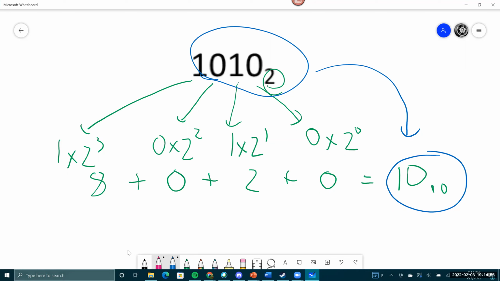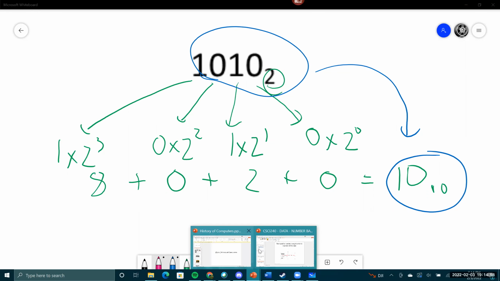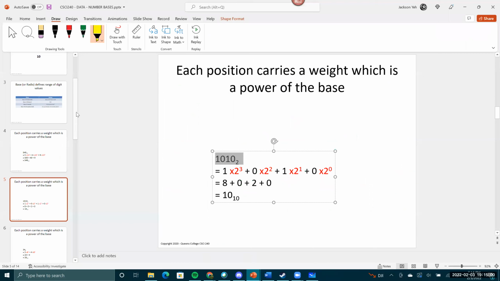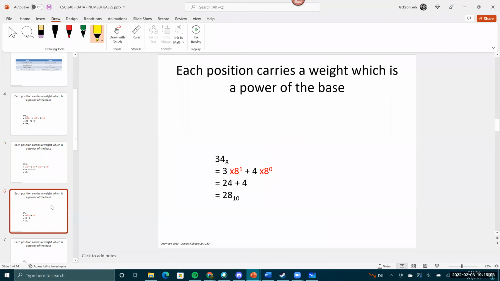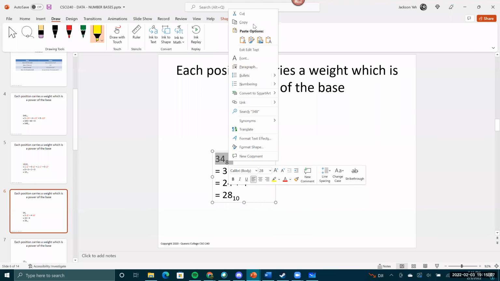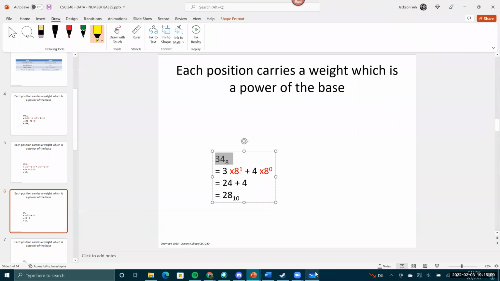All right, let's do another one. Now we're going to do an octal: 34 in base 8, get its value.